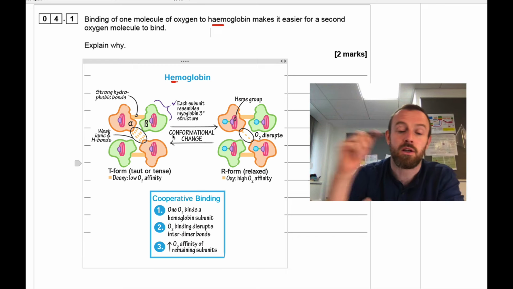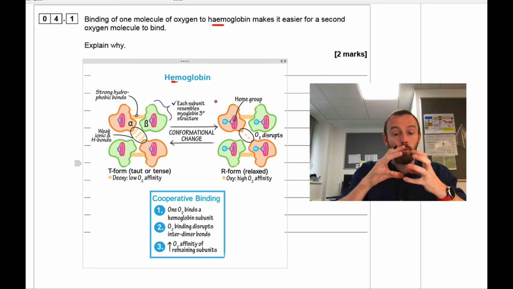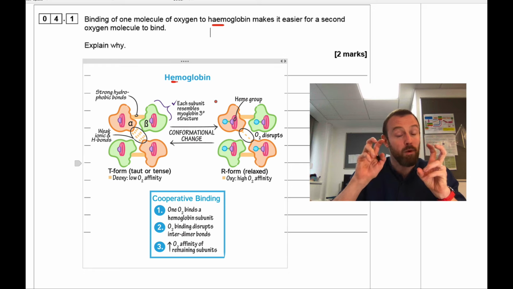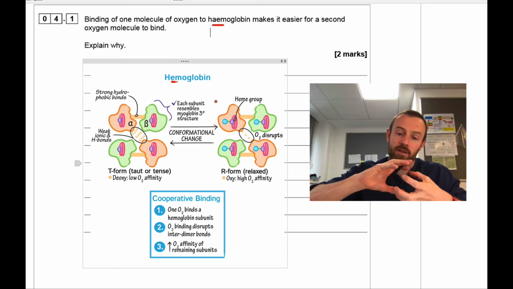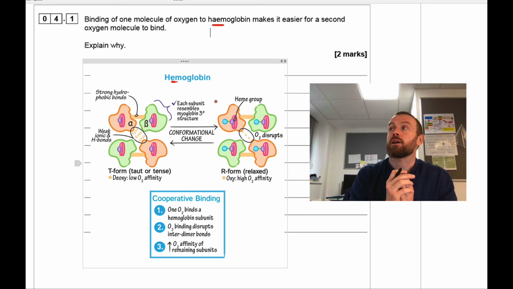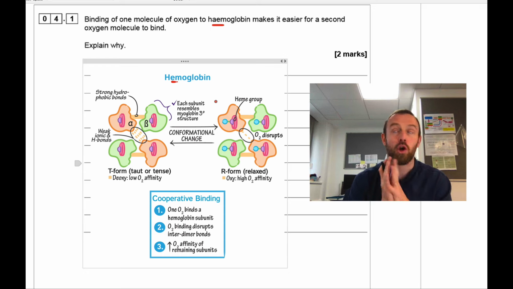But when the first oxygen binds, it causes the whole protein, the quaternary structure, the shape changes slightly, making it more of what we call a more relaxed form. And this form opens up slightly so that it uncovers or reveals oxygen binding sites so that they're more easily accessible. This whole thing is called positive cooperativity.